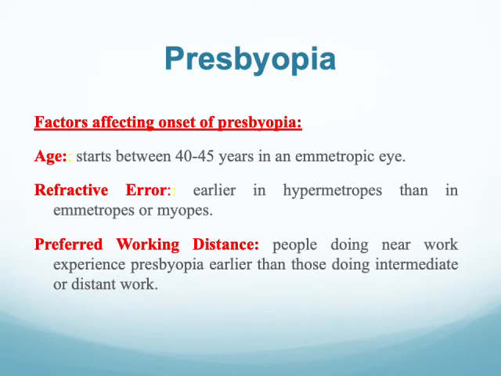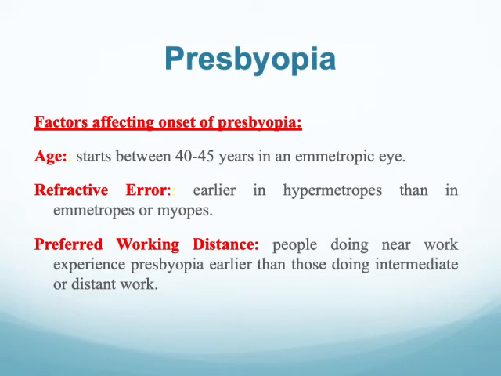Refractive error. Presbyopia occurs earlier in the hypermetropes because the hypermetropes use part of their accommodation in order to see far objects. So they consume part of their accommodation and the remaining part for near objects is small. So it's expected that hypermetropes suffer presbyopia earlier than myopes.